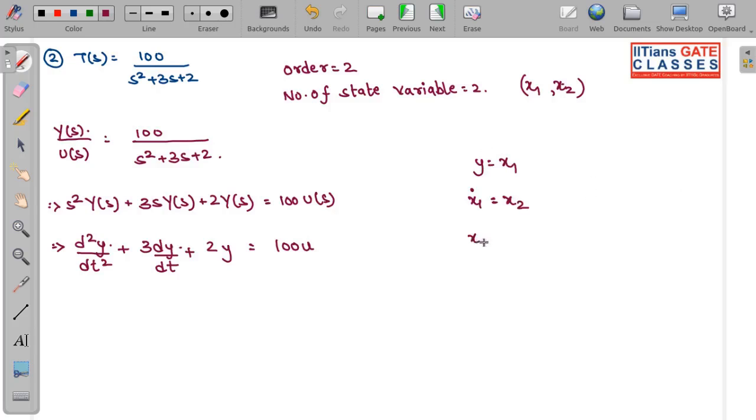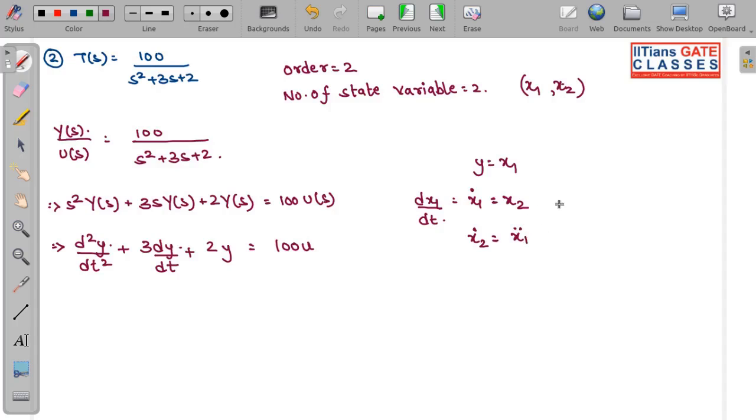So what is x2 dot? You can see basically it will be x1 double dot, where x1 dot is equal to dx1 by dt. So you can see that x2 dot is equal to x1 double dot.